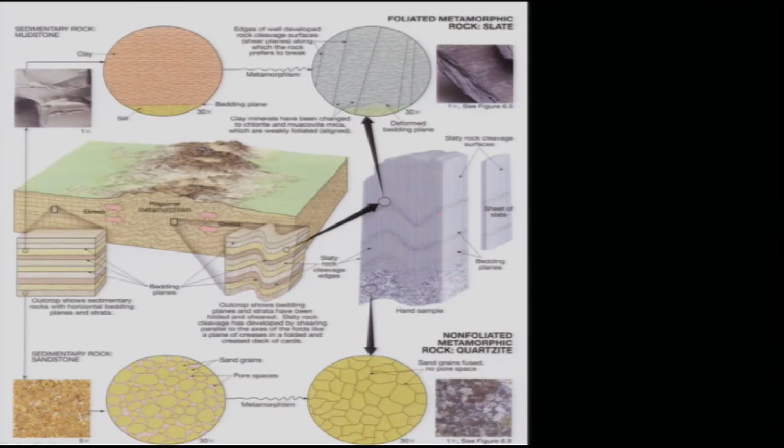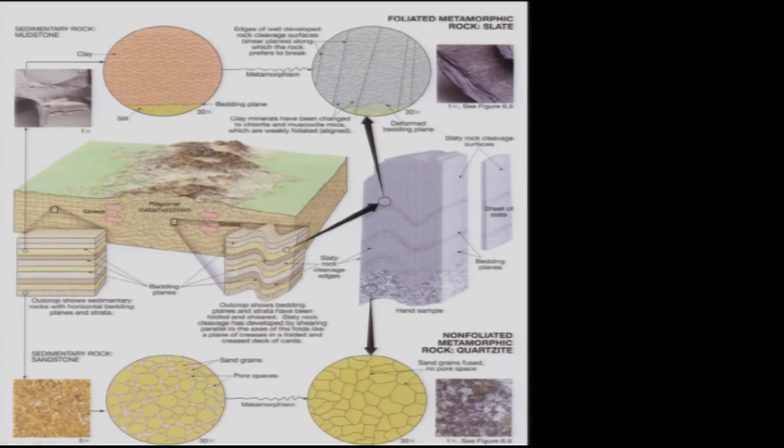Further, if you have sedimentary rocks like sandstone, with sand grains, mainly quartz and other minerals, and inter-grain space, what we call the pore space, when they are metamorphosed they will squeeze.